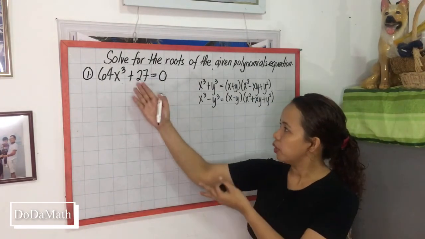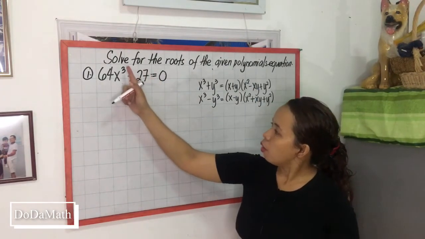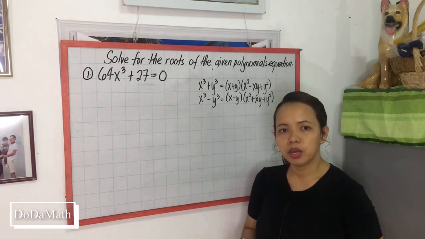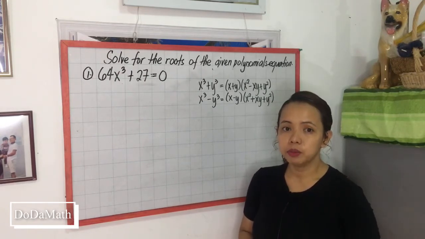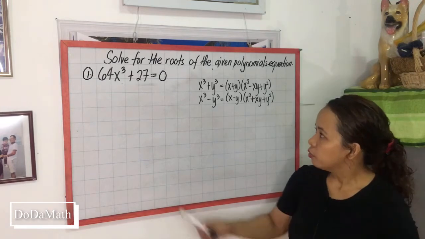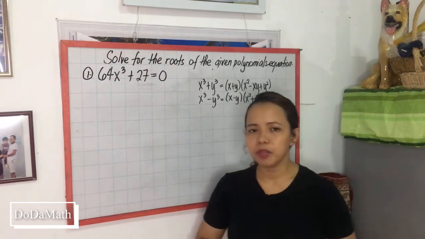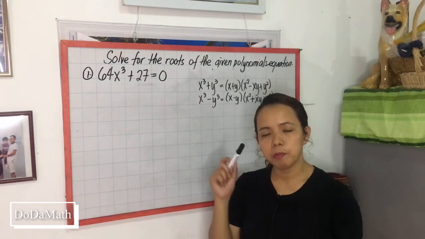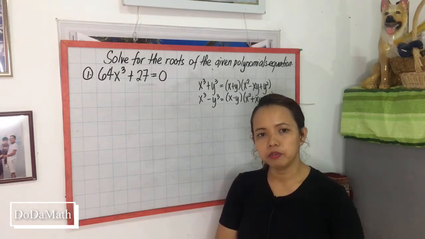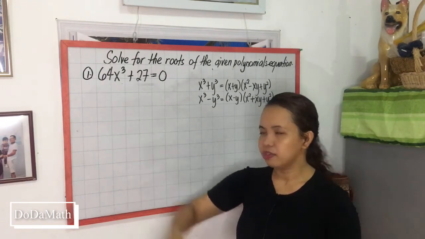Now, we go back to our example. In our example, we can rewrite this one into a power of 3 or a cube. So 64. Mag-iisip tayo ngayon ng number na kung saan pag i-raise natin siya into a power of 3, the answer is 64.